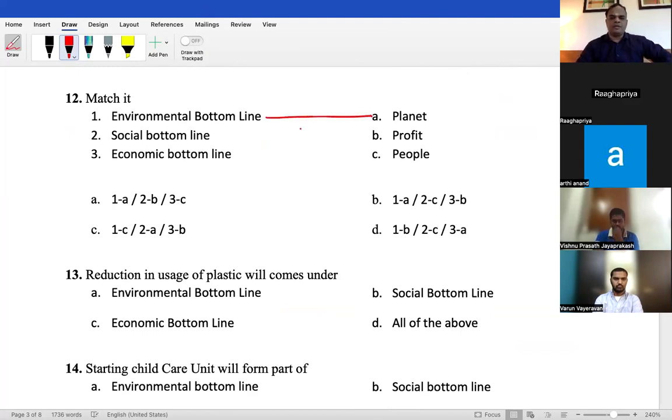Planet is for environment. Am I right? People for social. And the profit is for economic. 1A, 2C, 3B. Option B. Yes.